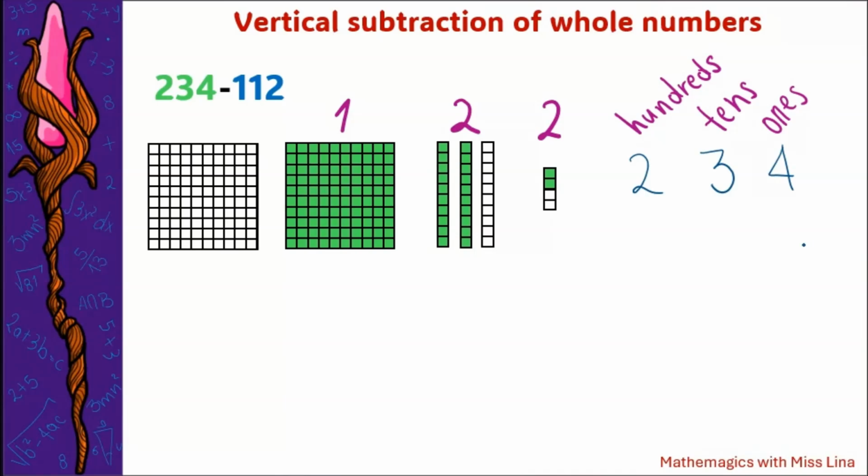Remember, in addition, it doesn't matter the order that you put the numbers, but in subtraction, it is imperative that you always put the smallest one down here, okay? Because we cannot subtract a big number from a smaller number. So always the biggest one has to go at the top. And then we do the subtraction. 4 minus 2 is 2, 3 minus 1 is 2, and 2 minus 1 is 1. That's how you get the result using the vertical subtraction.